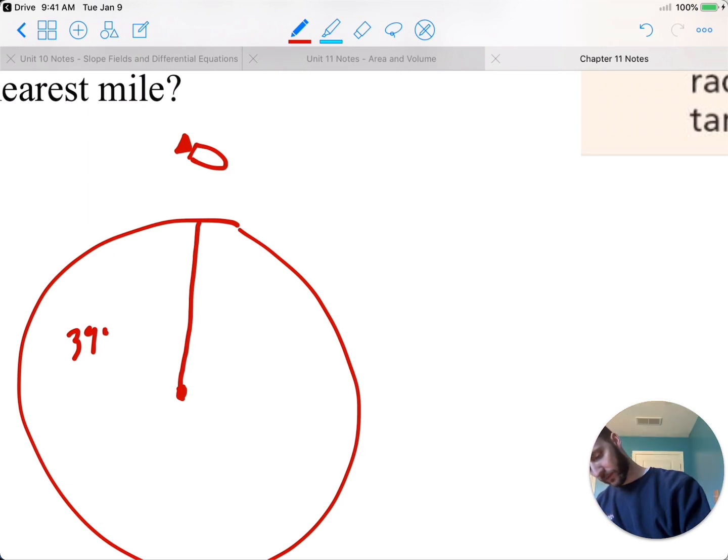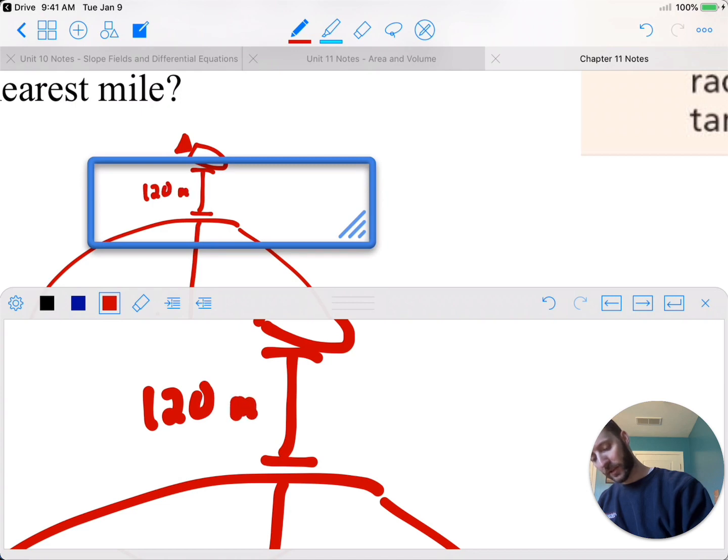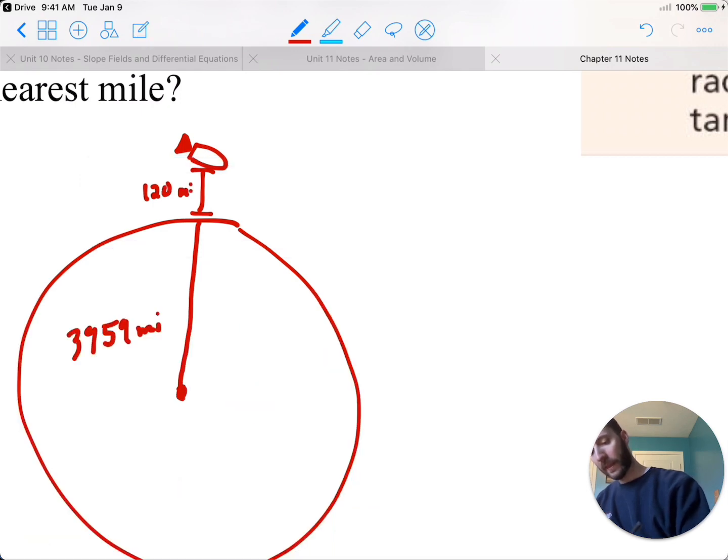Okay. And then the spacecraft, not to scale, was 120 miles above. So then the question, how far from the spacecraft to Earth horizon? Maybe I could do it better.